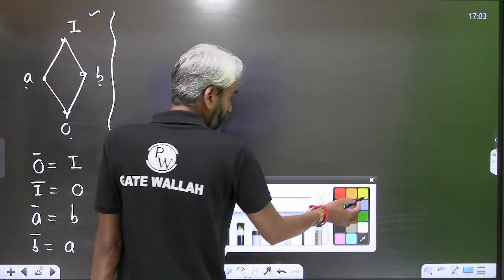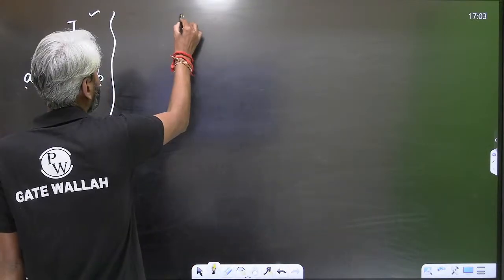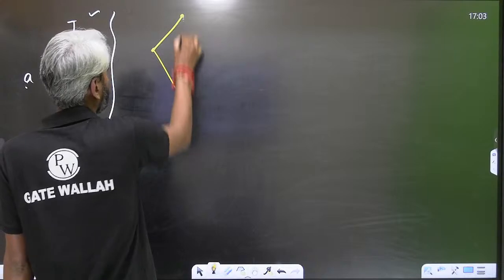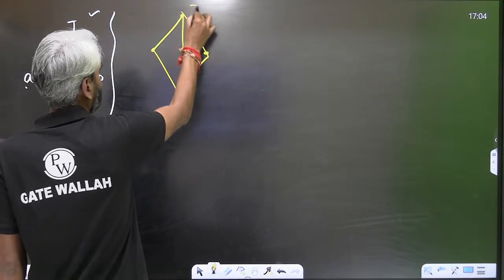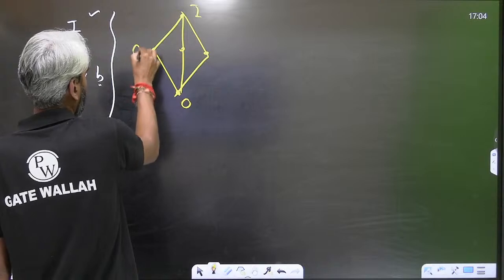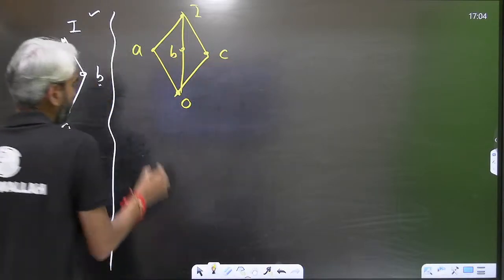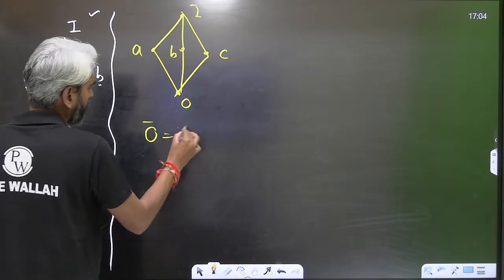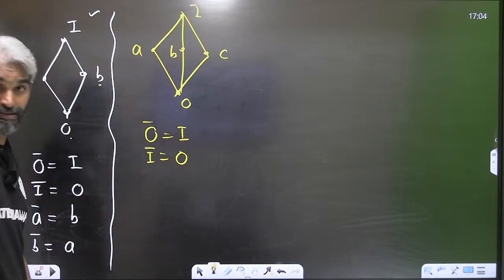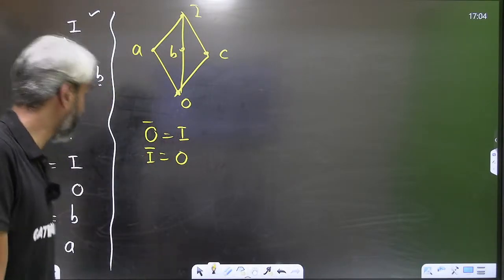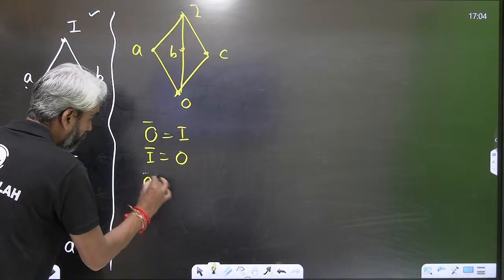Let's take another poset. Assume that this is your poset, with I and O. One thing is guaranteed: the complement of O will be I, the complement of I will be O, and they will have unique complements. But now my question is, what are the complements of A?